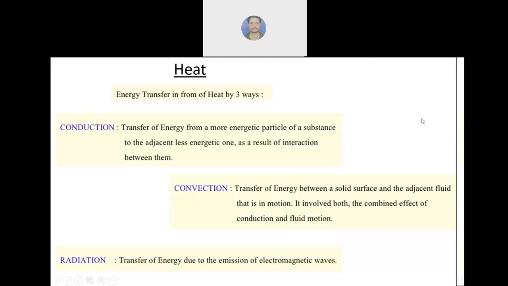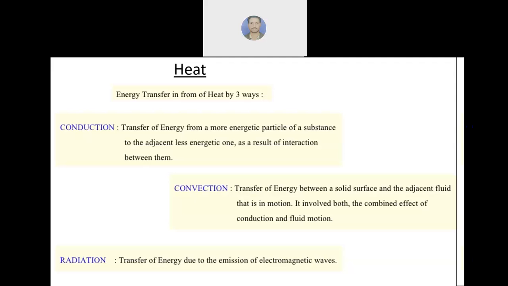When a solid and a fluid are in contact, there is heat transfer through convection. For example, suppose water is spread on the ground, or on top of a table. The tabletop or ground is solid, and water is liquid, a fluid.